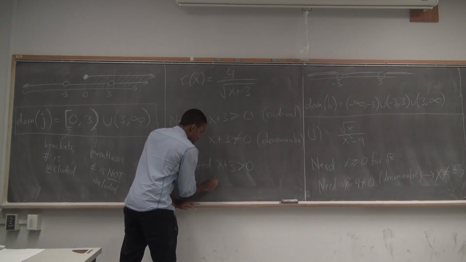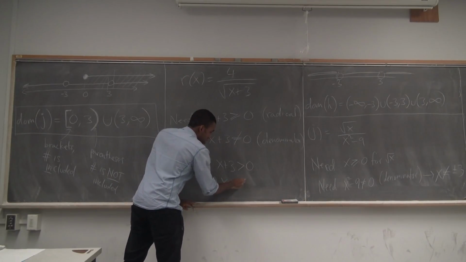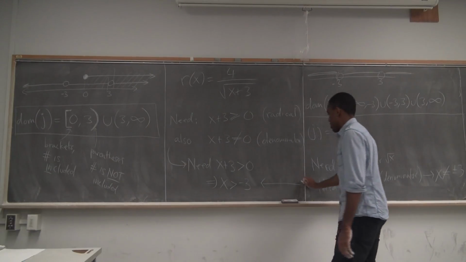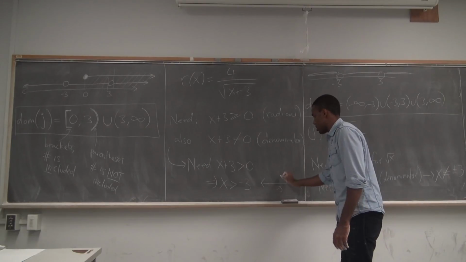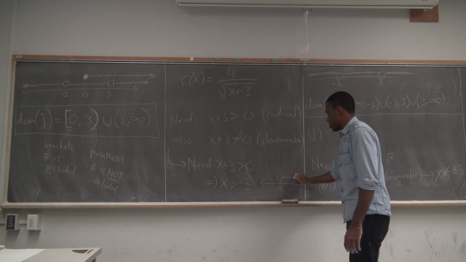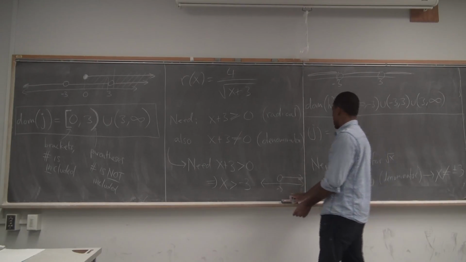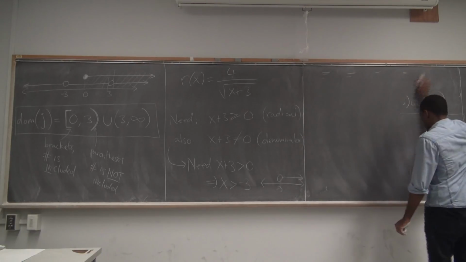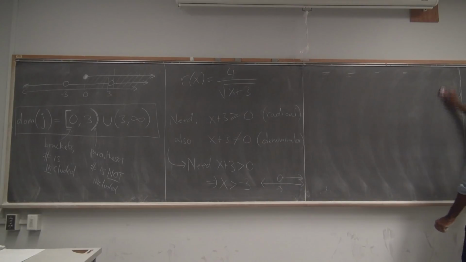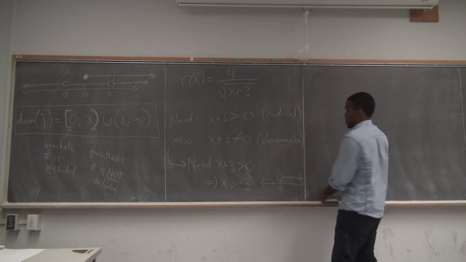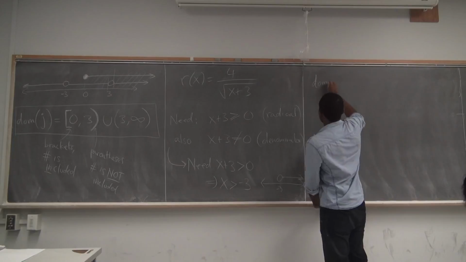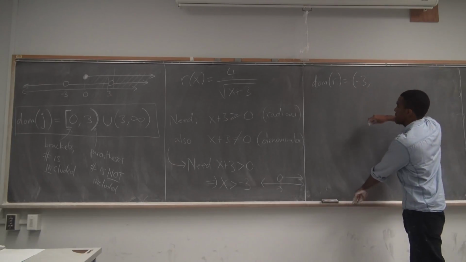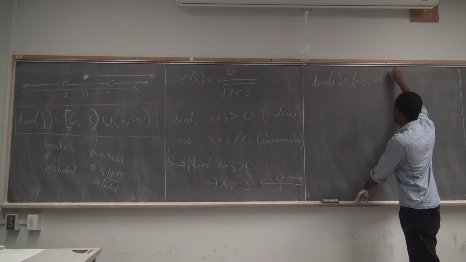And so that means my x must be greater than minus 3. So if I'm on a number line, minus 3 is here. I cannot be minus 3, but I can be anything bigger. And how do I write that down? Minus 3 to infinity. Domain of R is minus 3, open parentheses, because I can't actually be minus 3, to infinity.